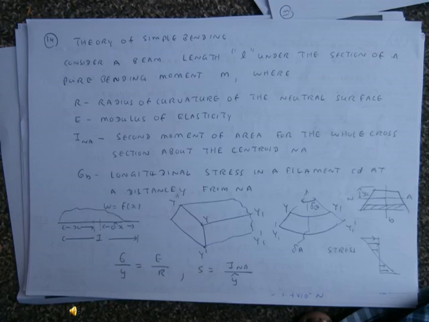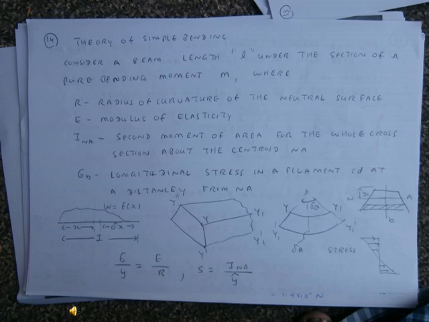Next one is the theory of simple bending. So consider a beam of length L under the action of a pure bending moment M. In this case, R is the radial curvature of the neutral surface, E is the modulus of elasticity, IN is the second moment of area for the whole cross section about the centroid, and sigma b is the longitudinal stress in the filament CD at the distance y from NA. So in this case, we can find out the simple bending. When the beam bends, we can find the radial curvature above the neutral axis.